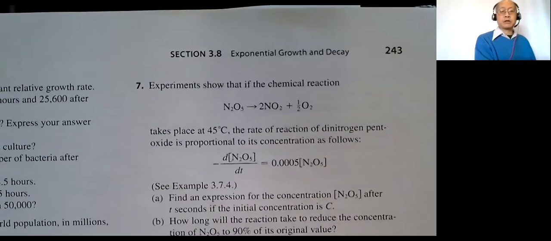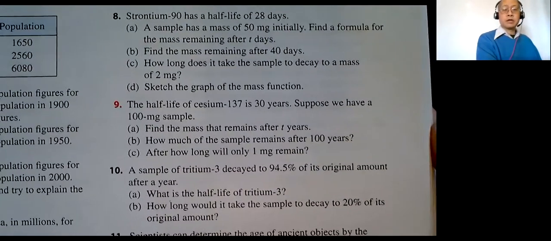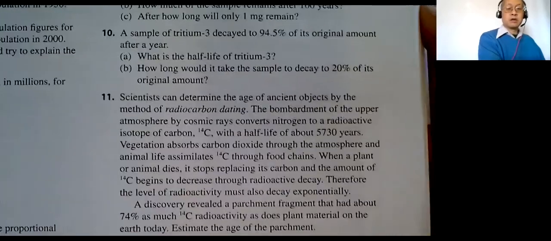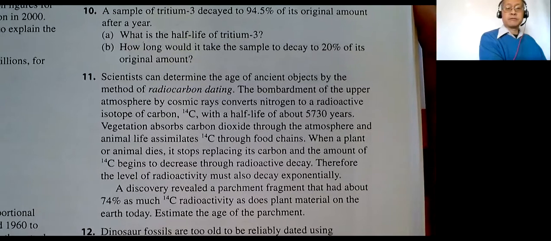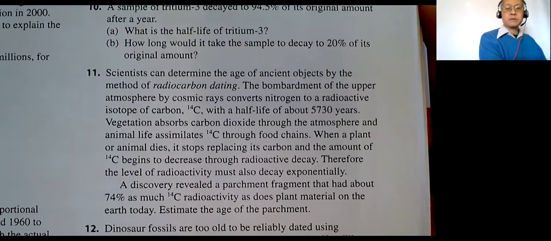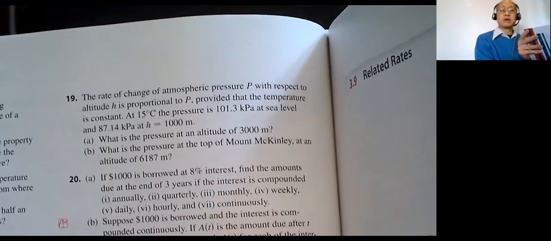And if you have the book, you can just look at the book. Okay, 7, 9, 11. Let's see, 11's got a lot of reading there. Okay, and then what do we have left? 19, was it? Yeah, okay. So that's that.